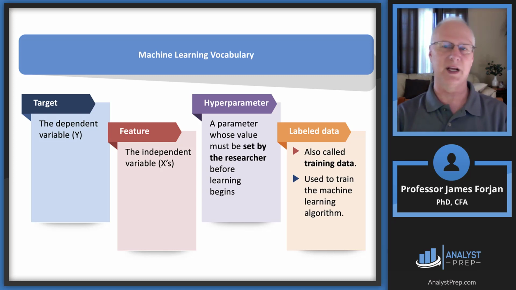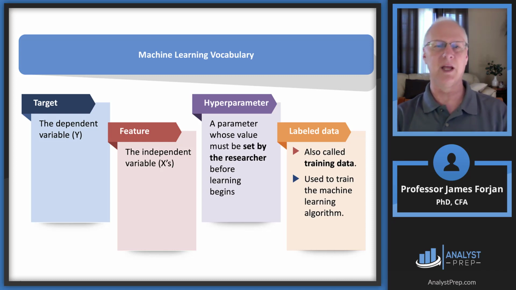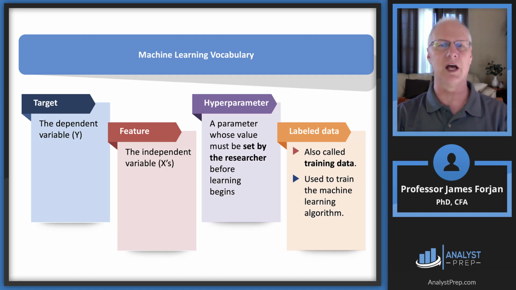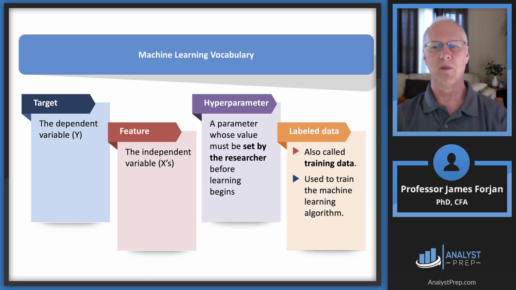So that's kind of like a hyperparameter. It must be set by the researcher before learning begins. You know, we think this large stock probably looks an awful lot like the S&P 500 index, but we want to test it. Now, the hyperparameters, as we'll see going through this recording, can take on any value, right? But they must be set before learning begins.